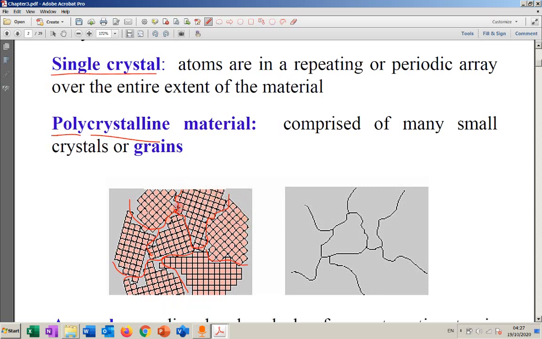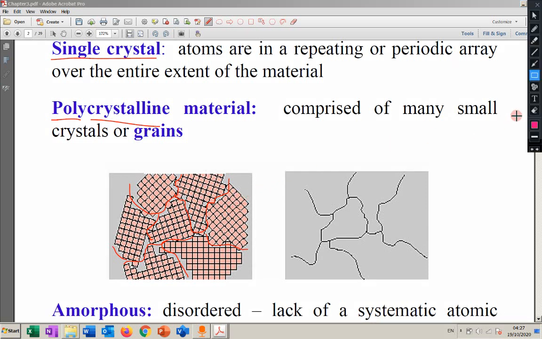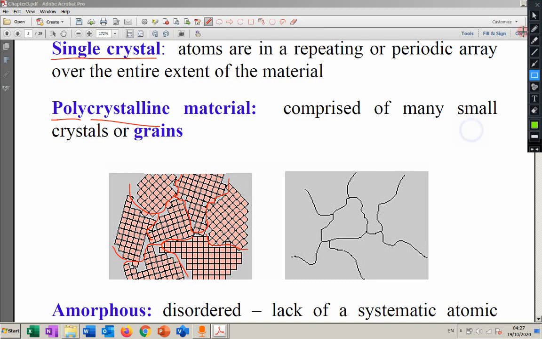Take one of these, for example, let's take this one here, and imagine all the material having exactly the same way.